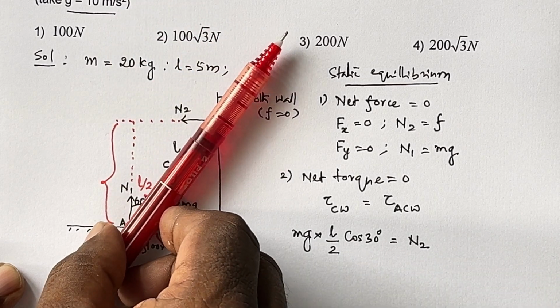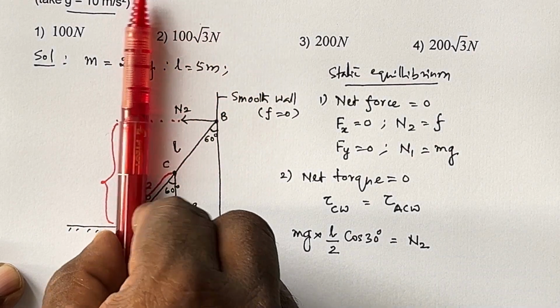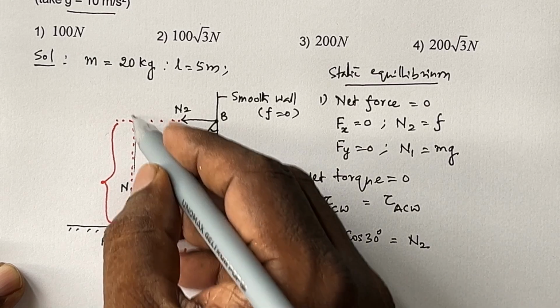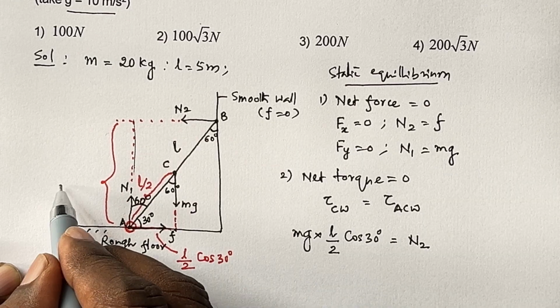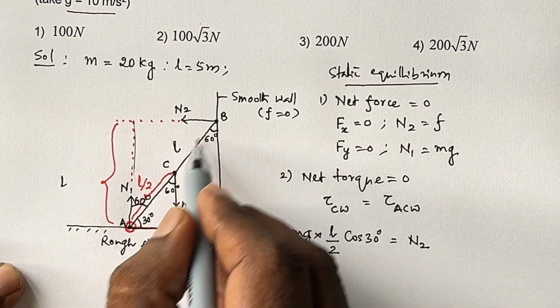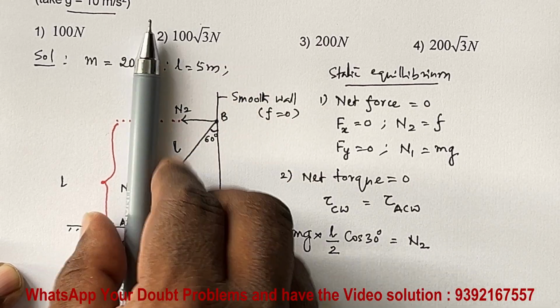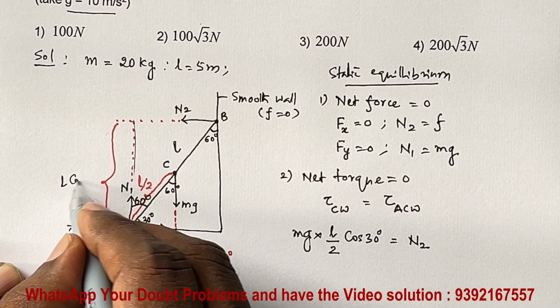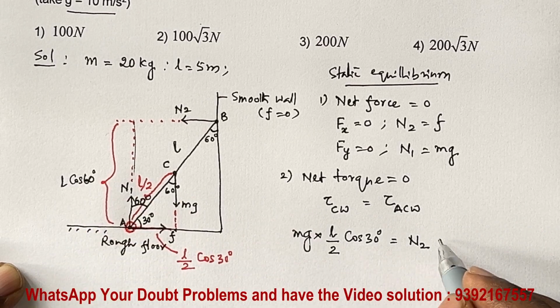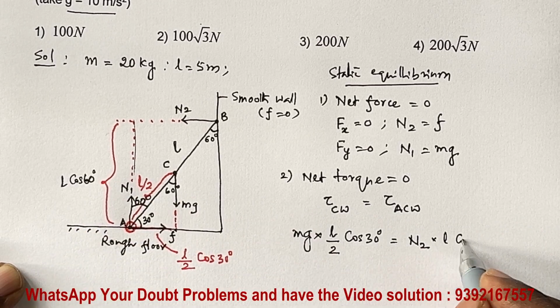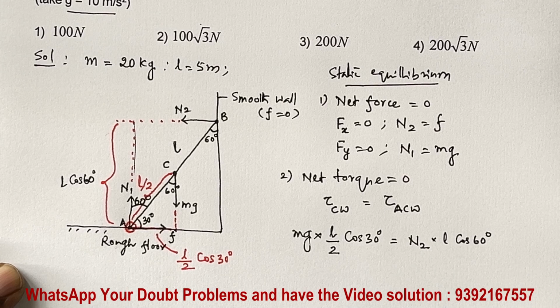Why? Because this side is adjacent. So this distance is nothing but the total length of the rod, L, times cos 60, so N2 into L cos 60, right?